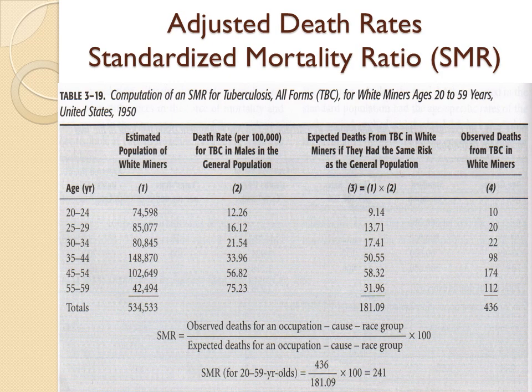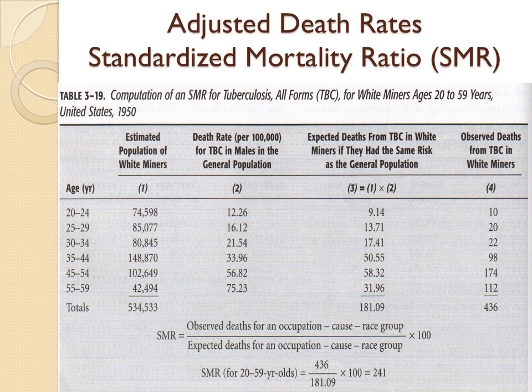Now the second method of age standardization is called the indirect method of age standardization, which is commonly used as the standardized mortality ratio, or SMR. SMR is usually expressed as a percentage, and it is the ratio of the total number of observed deaths to the total number of expected deaths.